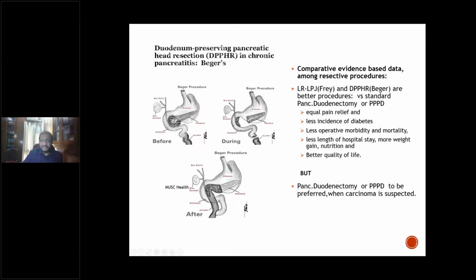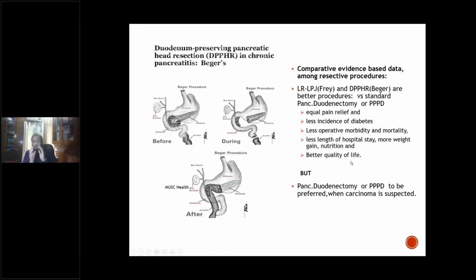So if you look at the comparative evidence-based data among the resective procedures, between Frey and Berger and the standard pancreaticoduodenectomy or pylorus preserving pancreaticoduodenectomy, Frey and Berger are much better as far as the incidence of diabetes is concerned. Pain relief is almost equal, with much less operative mortality and morbidity, shorter length of hospital stay, more weight gain, better nutrition, and better quality of life.